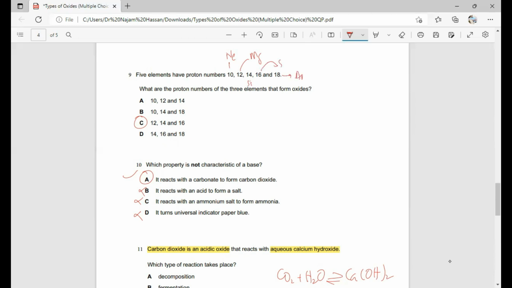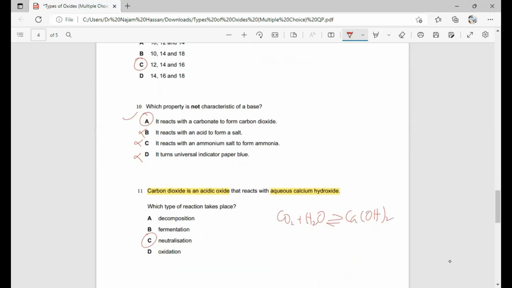So which proton numbers of these form oxides? Obviously, except neon and argon, the rest of the three, 12, 14, and 16, that is magnesium, silicon, and sulfur respectively, will form their respective oxides. Magnesium is a metal, so it will form a basic oxide. Otherwise, silicon and sulfur will form acidic oxides. So that is why the answer is C, 12, 14, and 16.